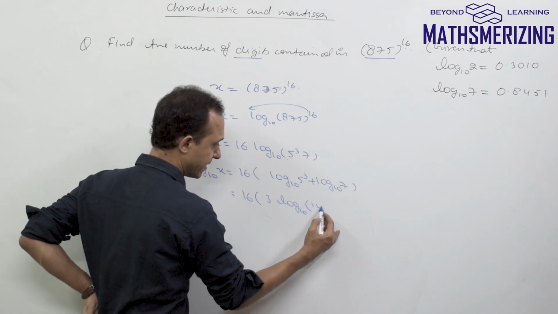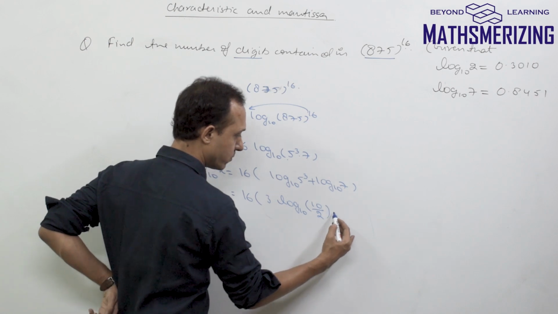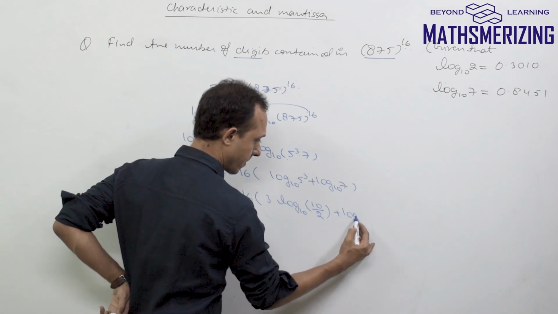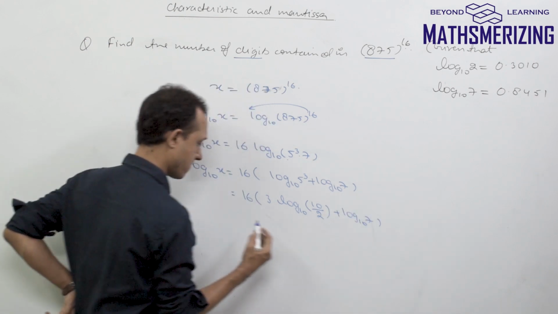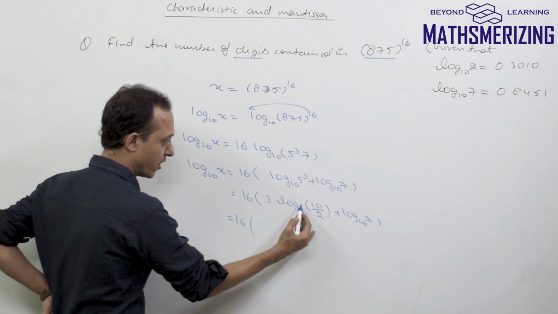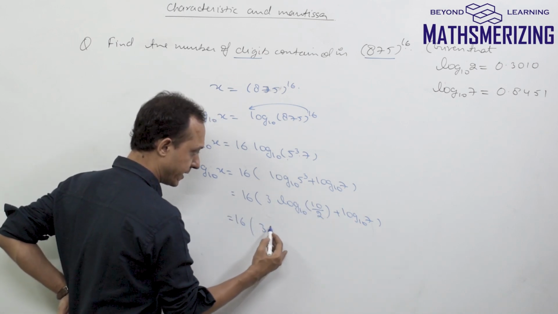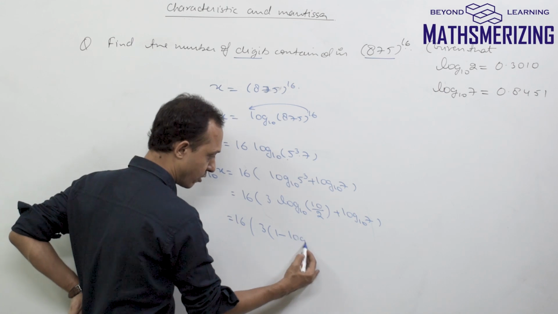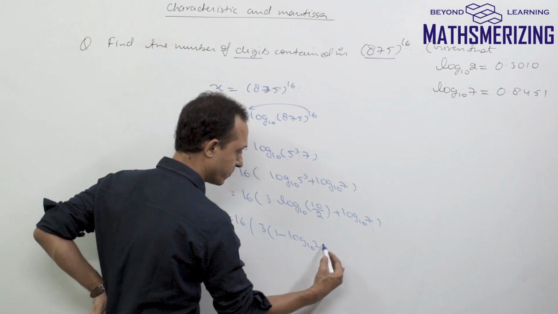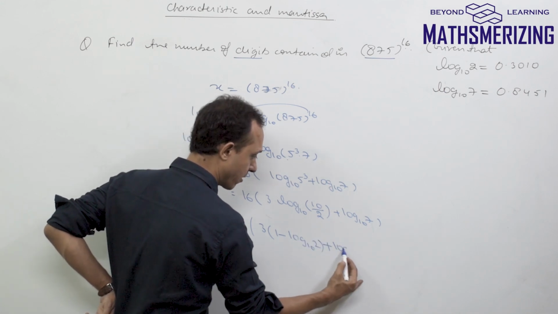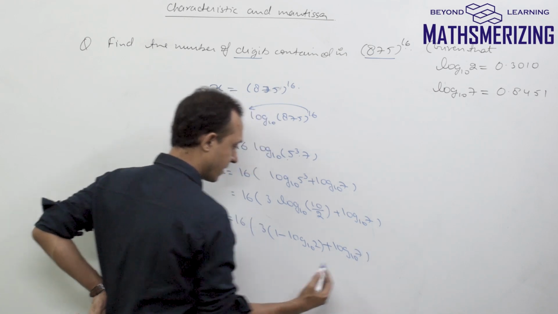Now I can write 5 as 10 by 2. Now log m minus log n, so this is 3 times (log 10 is 1 minus log 10 base 2) and plus log 7 base 10.